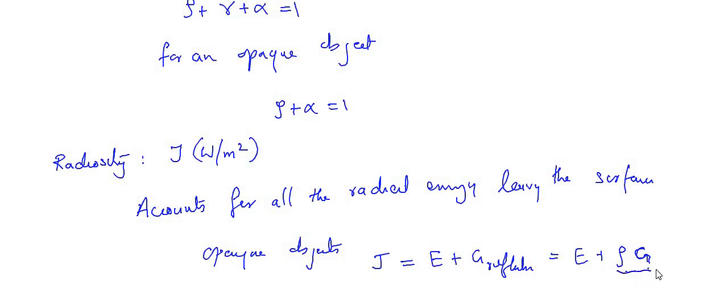So rho times G gives the amount of rays that is reflected from this surface. So that is radiosity for an opaque object.